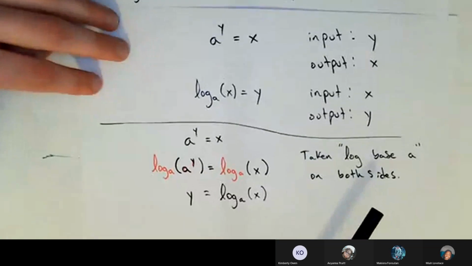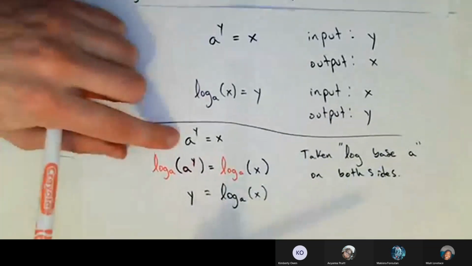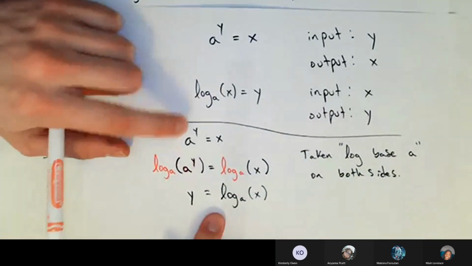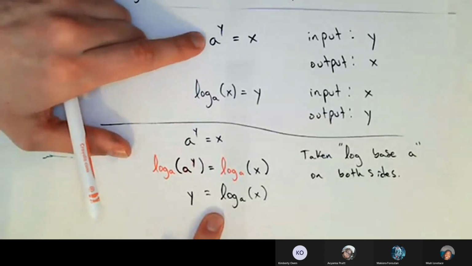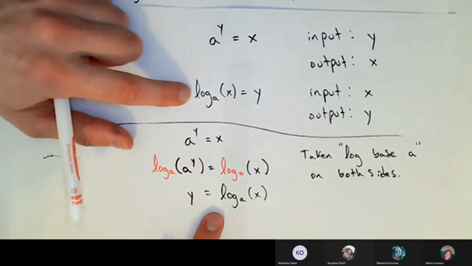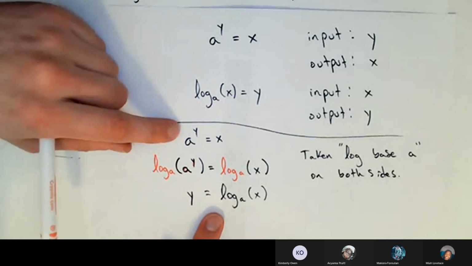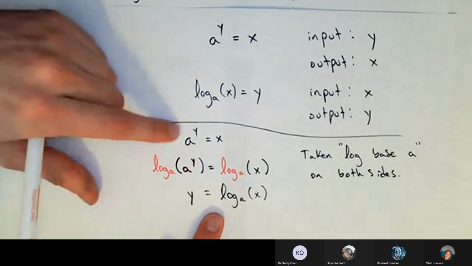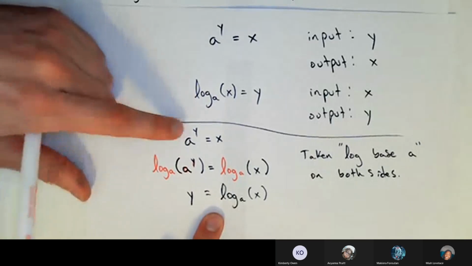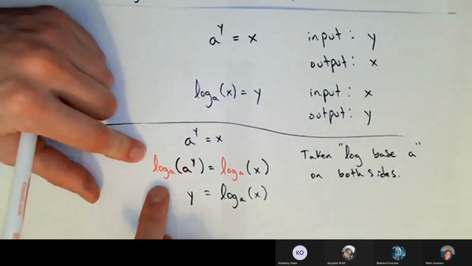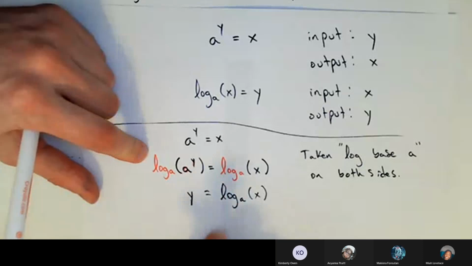Nothing is new here as far as what I started with and what I ended up with. Just using that rule that I showed you last time to rewrite exponential equations in logarithmic form, but there's this step happening in between that, now that we have those properties, we can explicitly write down, where I'm taking the log base a on both sides.